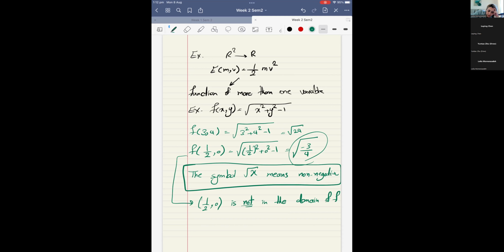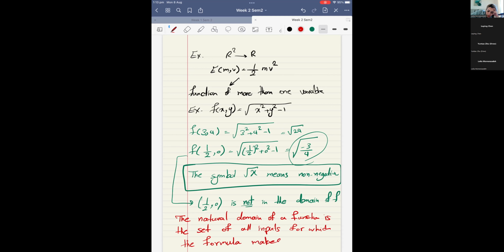It means that the natural domain of a function is the set of all inputs for which the formula makes sense.